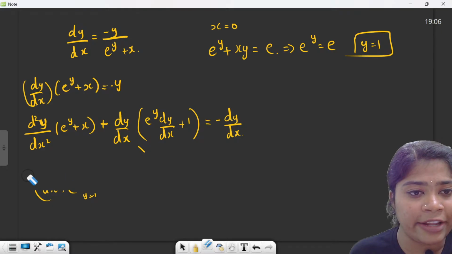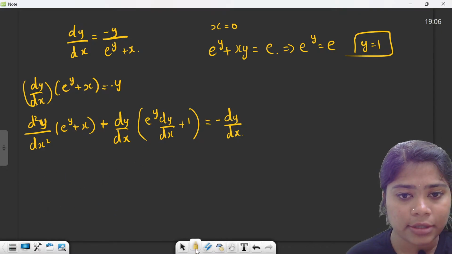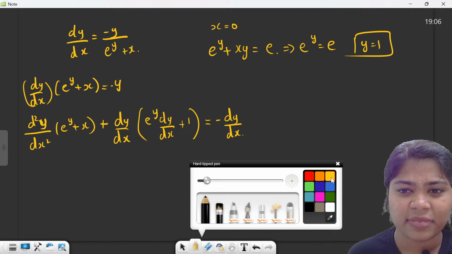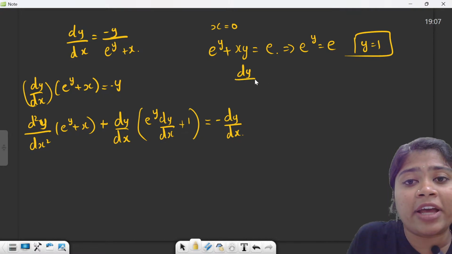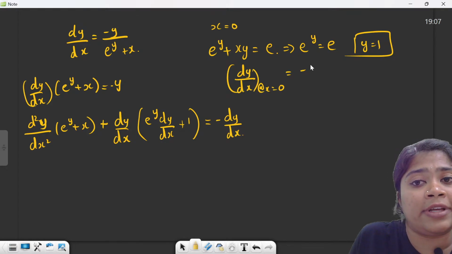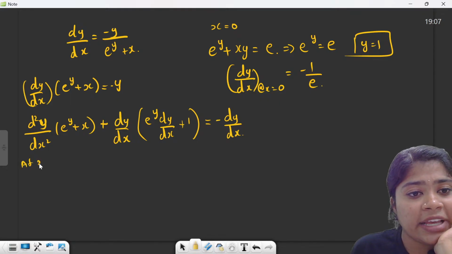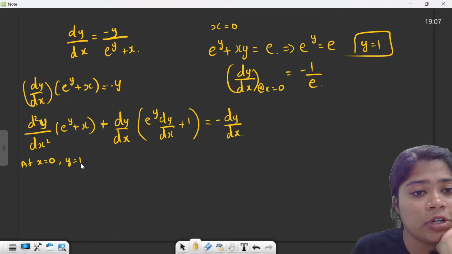So we found the value of dy by dx at x is equal to 0 as minus 1 by e, and y is equal to 1.